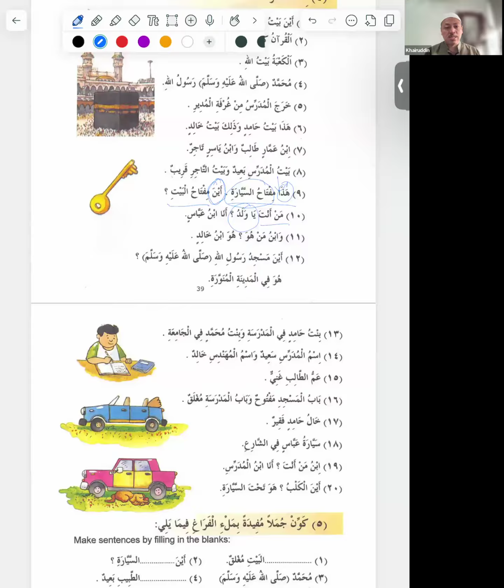Typically, we would take away the tanwin for the munada, the one being called to, and put just a dhamma there instead of a dhammatain.